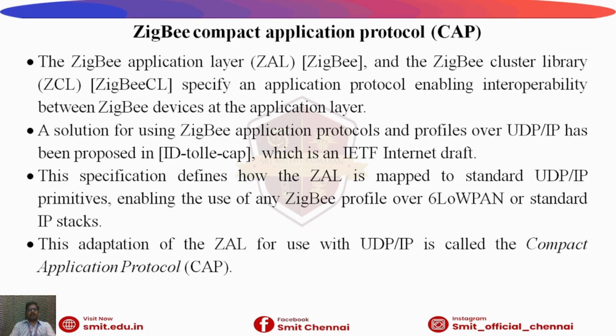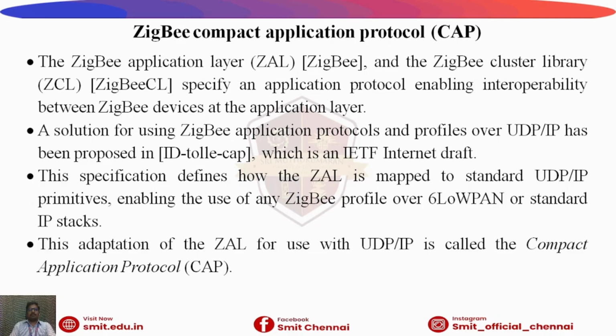Next, ZigBee Compact Application Protocol. We'll simply call it ZigBee CAP. ZigBee CAP enables ZigBee application profiles to run over UDP IP networks. Generally, the ZigBee application layer and the ZigBee cluster library specify an application protocol enabling interoperability between ZigBee devices at the application layer.